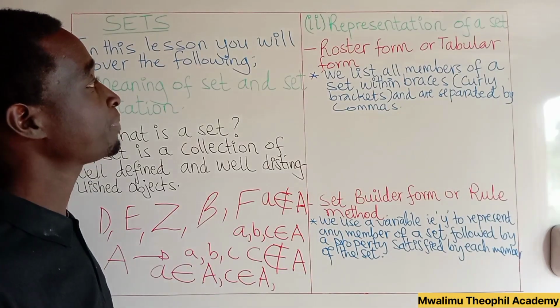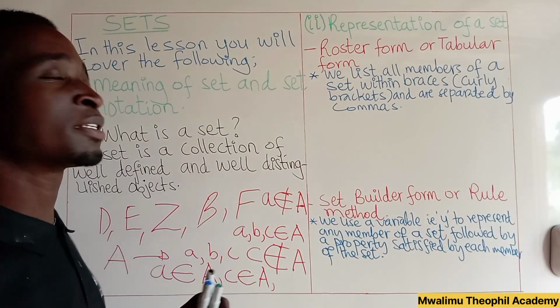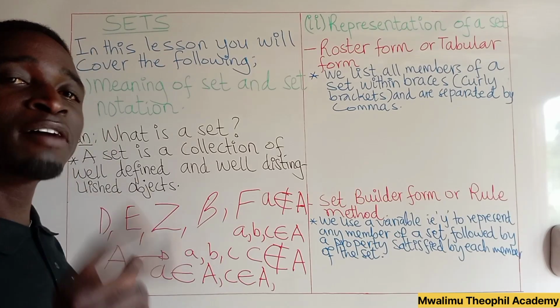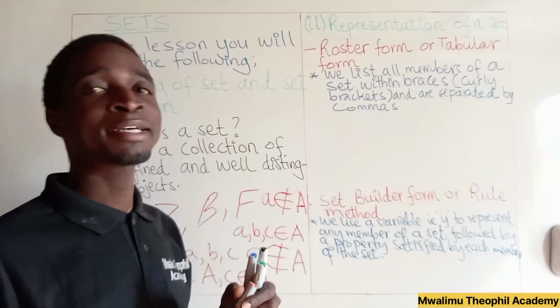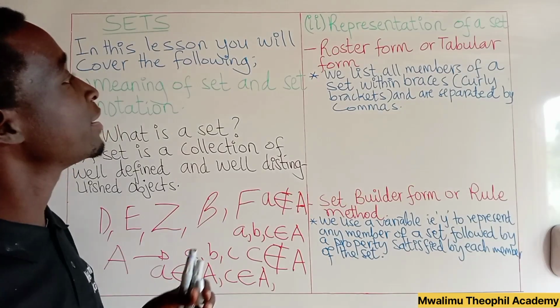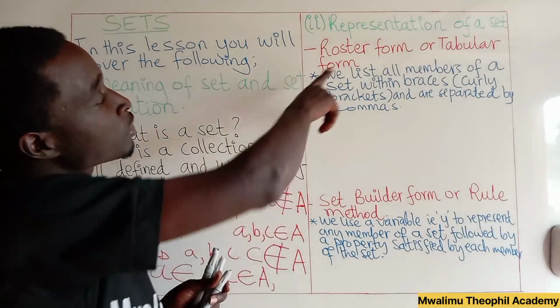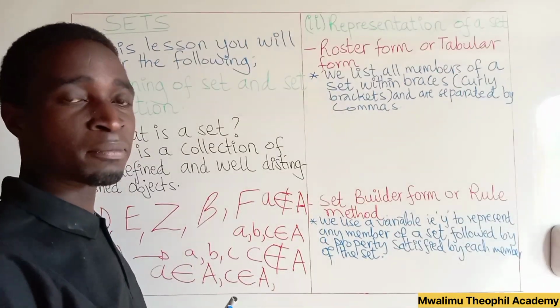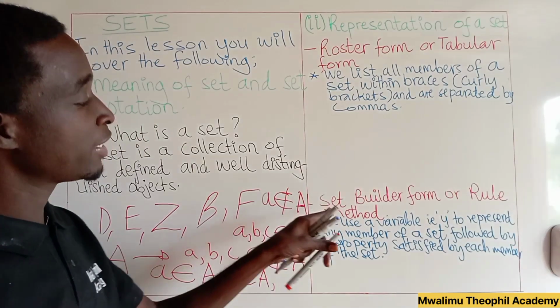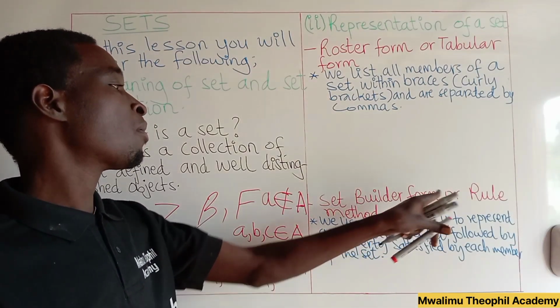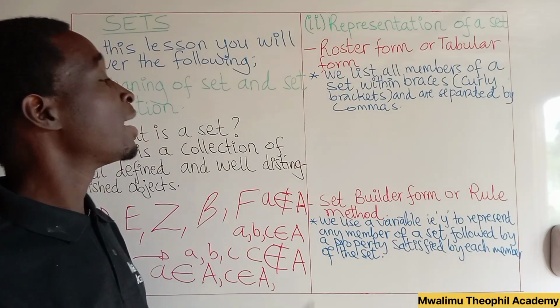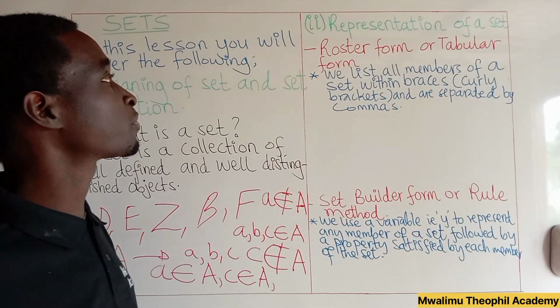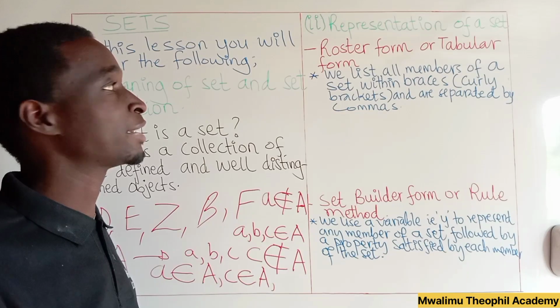After this elaboration, now let us see the way we represent a set. We have two ways of representing a set. The first way is roster form or tabular form, and the second way is set builder form or rule method. Let us start with our first way of representing a set.